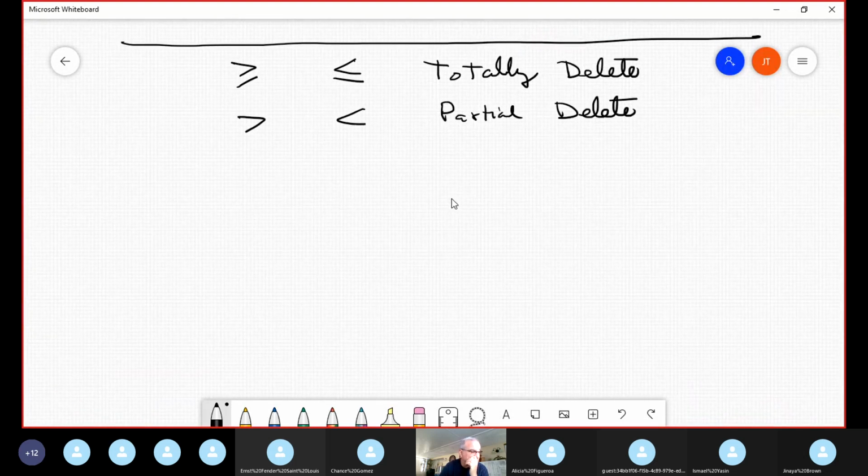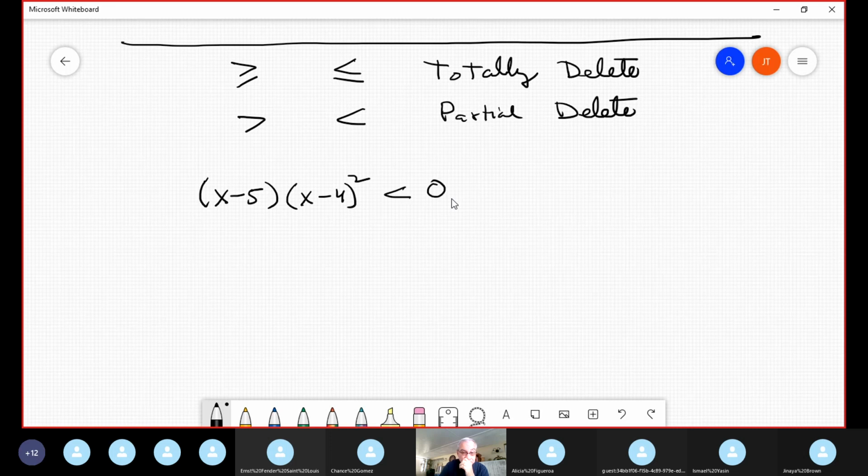Suppose this example is x minus 5 times x minus 4 squared, less than 0. Suppose in the test I put this example.